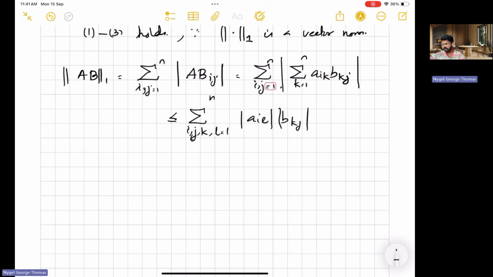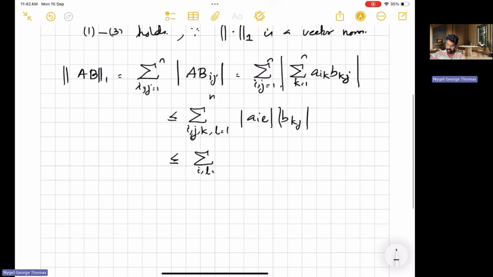This is valid because the modulus of the sum is always less than or equal to the sum of the moduluses. So this is again less than or equal to, we can split them: the sum over i, l together and the sum over j, k equal to 1 to n of b_kj.